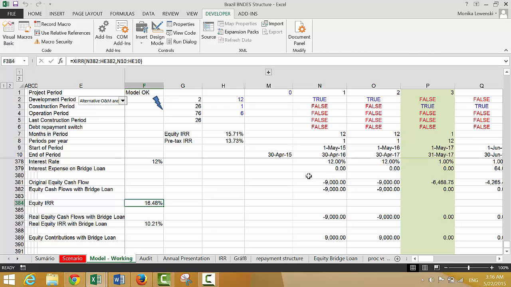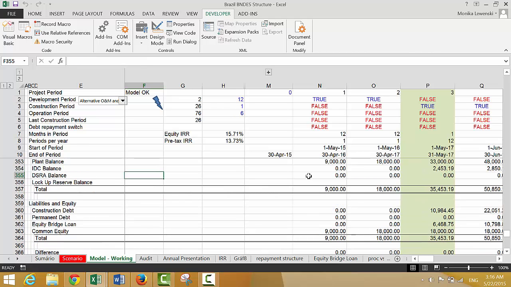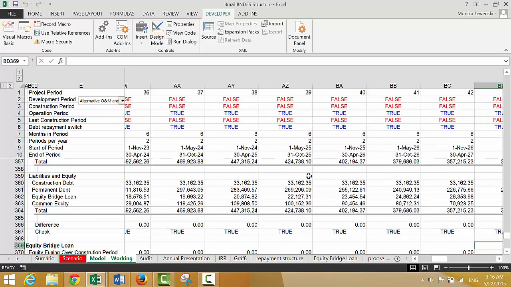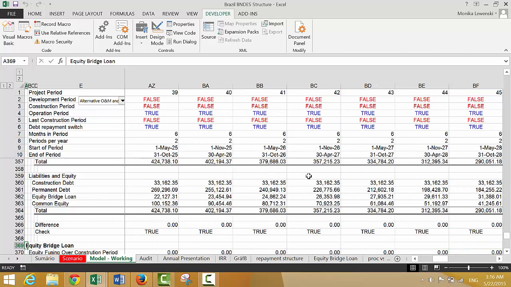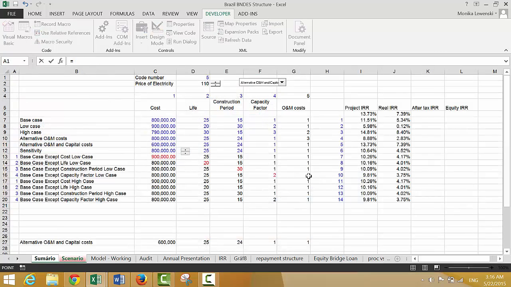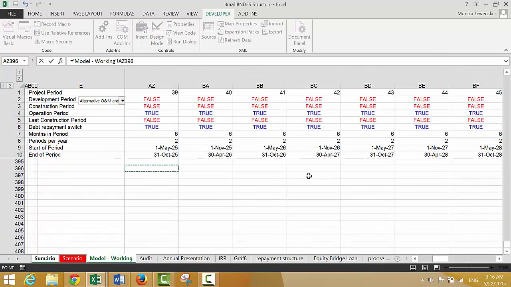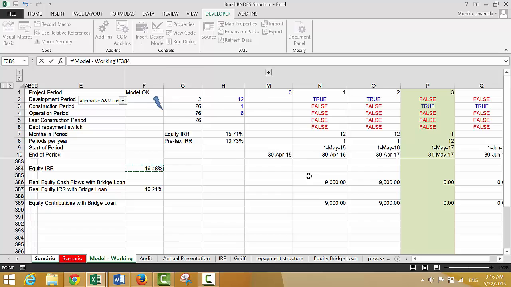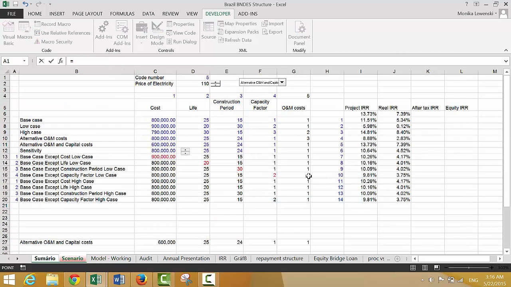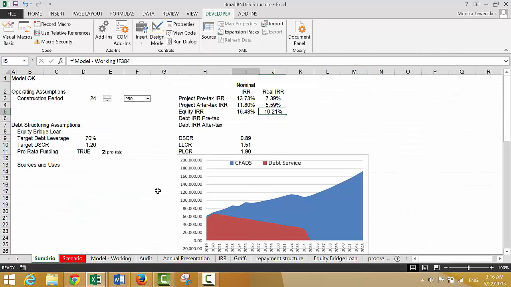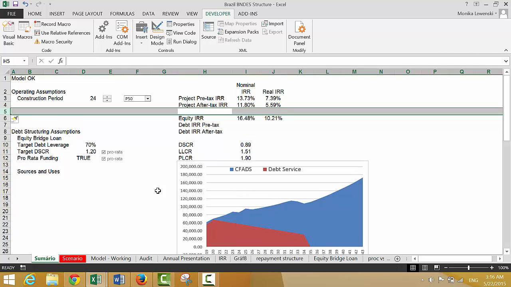So, and let's make sure that now we're really excited, because now the balance sheet is balancing. And why don't we put equity IRR here, and we can put that with the bridge loan. And I think maybe we can put, why don't we put an insert?